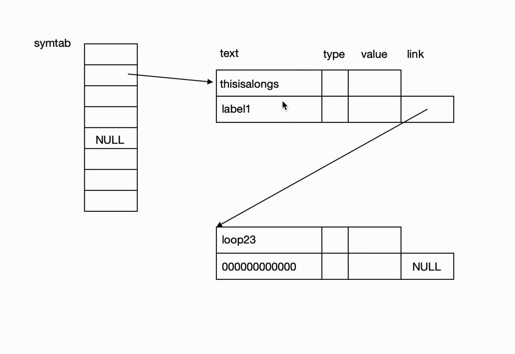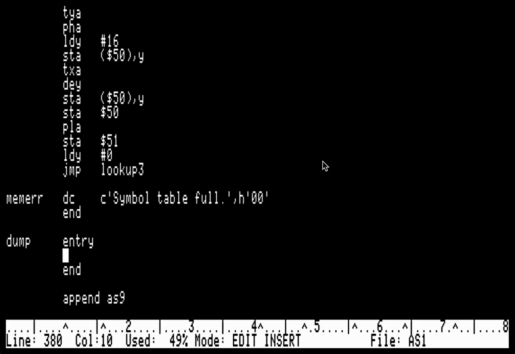It's going to take up a lot of space. Every time we dump the symbol table, it will print probably at least 100 lines of output, but that's okay. My emulated printer has a lot of paper, and so I'll be able to see exactly what's going on in the symbol table.